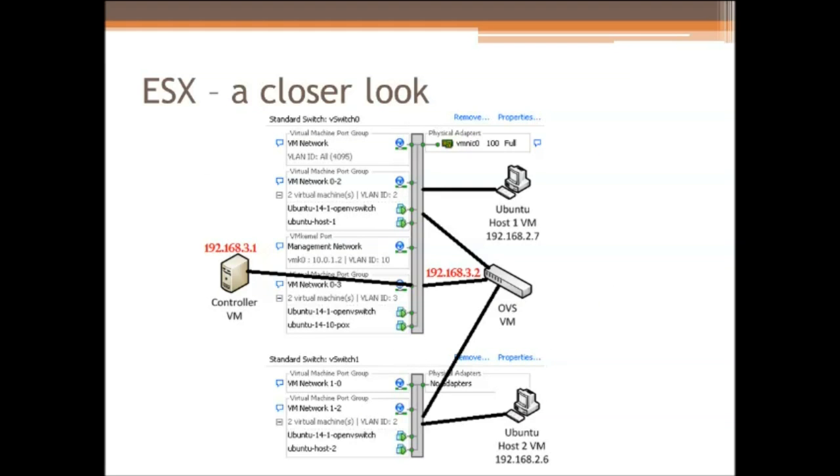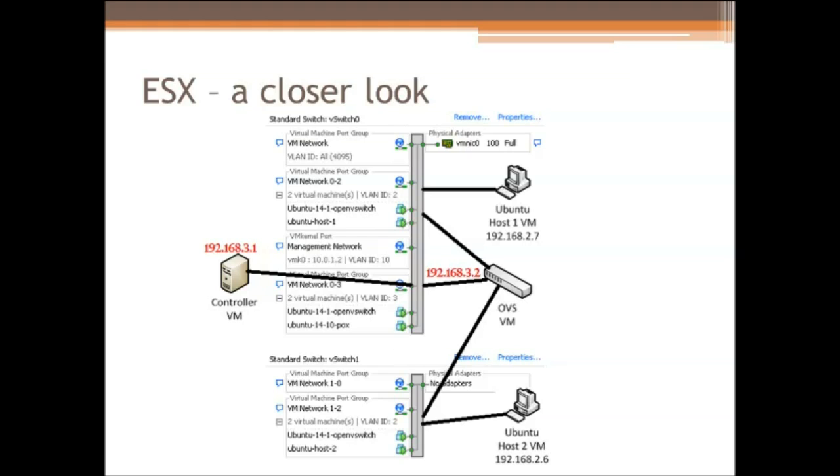This is how the traffic actually flows, or how they're actually wired. If you take a look, you can see that the OVS VM, you see it there, Ubuntu 14.1 Open vSwitch, actually has 3 different interfaces, 3 different virtual NICs, and they are connected to 3 different places.